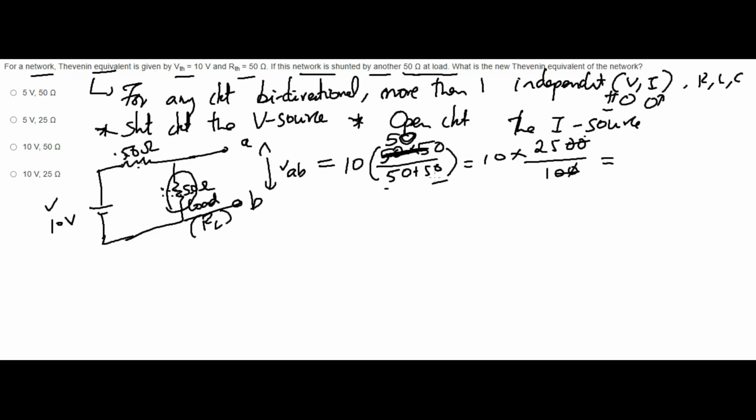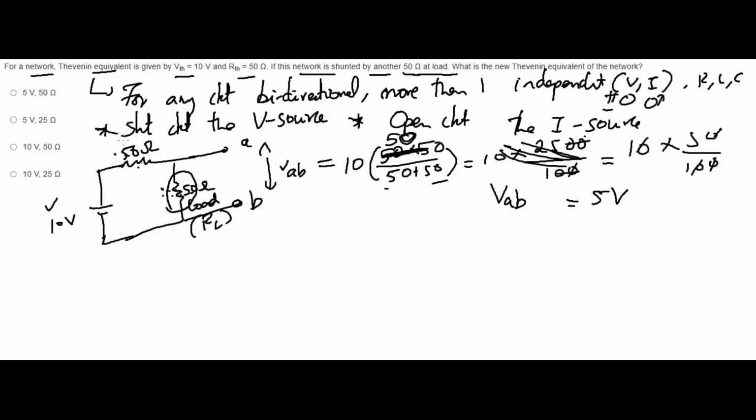So it is 10 into 50 divided by 100, which cancels to 5 volt. So VAB is equal to 5 volt.